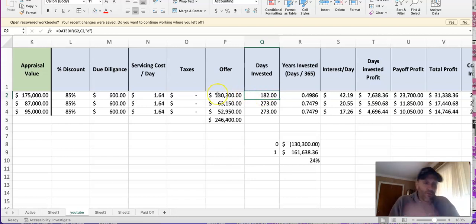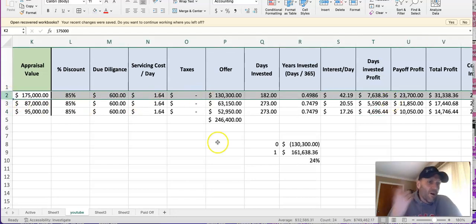This note will come due 6/1/23. 182 days later. So over that 182 days, they're going to make roughly $7,638.36 of payments, and it's the same for the other assets as well. But I'm just kind of focusing on this first one.